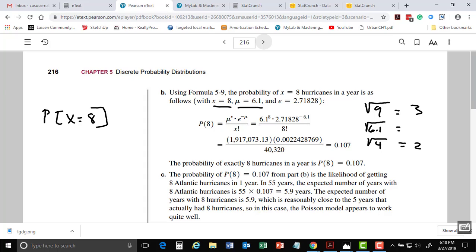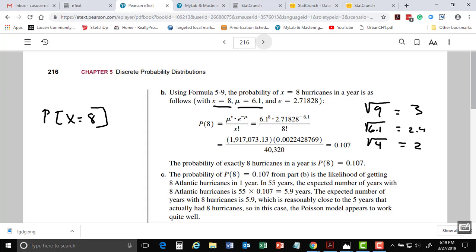Okay, so I got an idea. He said 3, but is 6.1 closer to 4 or to 9? Yeah. So I would expect that this would be between 2 and 3. But maybe somebody wants to do it? 2.4? I don't know. 2.47. Oh, not bad.